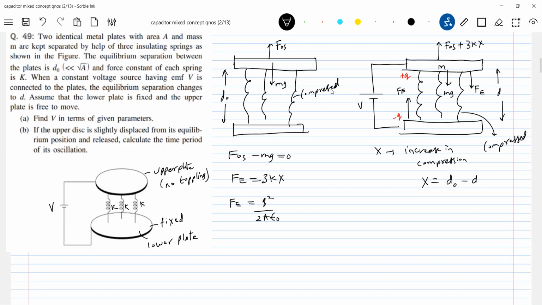So what is Q equal to? Q equal to capacitance into the applied voltage, so I'll write C into V. So this is epsilon naught A by d. So this should be equal to epsilon naught A V by d whole square by 2A epsilon naught. So what is the expression for electrostatic force?